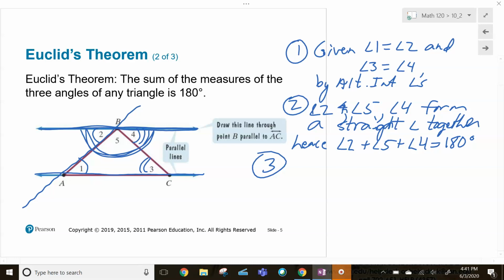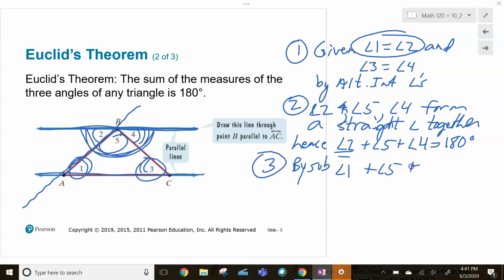If you remember, we're trying to show that the interior angles of a triangle all add up to 180 degrees. Where are we getting at here? If 2, 5, and 4 add up to 180 degrees, and we know 1 and 2 are the same, then by substitution I can replace 2 with 1, and I can replace 4 with angle 3.